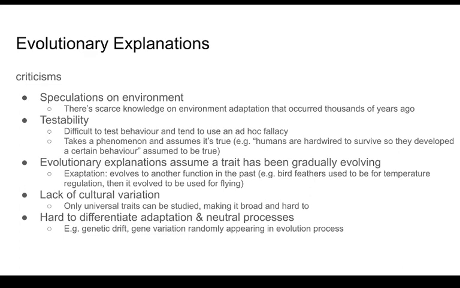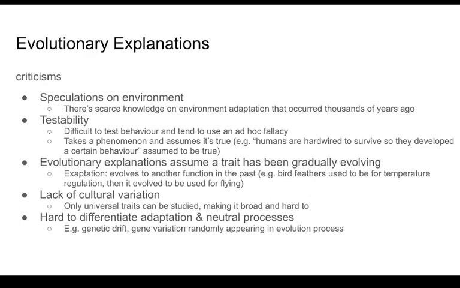Furthermore, evolutionary explanations also tend to assume that a trait has been gradually evolving, so it's constantly at its peak and trying its best to be the best genetic trait. And this is not always necessarily true, because evolution is not like a straight path.